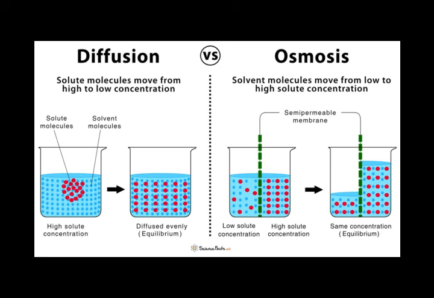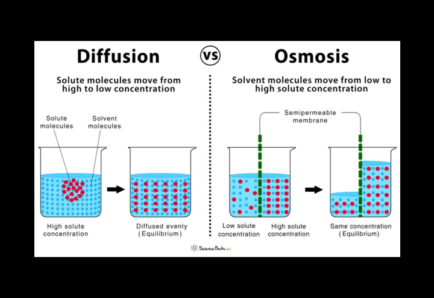As a result, the level of water will rise in solution A while it will fall in solution B. Initially the rate of movement is high, but gradually the rate becomes slow, because solution A gets diluted. The movement of water continues till an equilibrium of water molecules is reached between the two solutions.